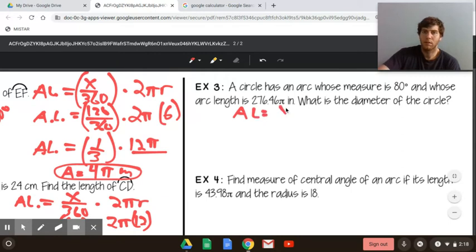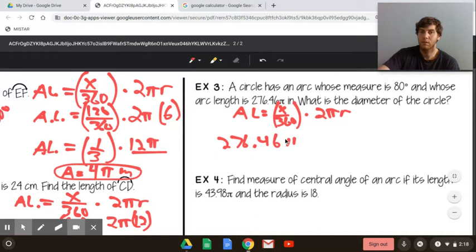Okay, that's going to be equal to the portion of the circle, so x over 360 times the circumference, 2 pi r. They're giving us the arc length, so we're going to substitute that in. So 276.46 pi is our arc length. And then we're looking at an 80 degree arc.